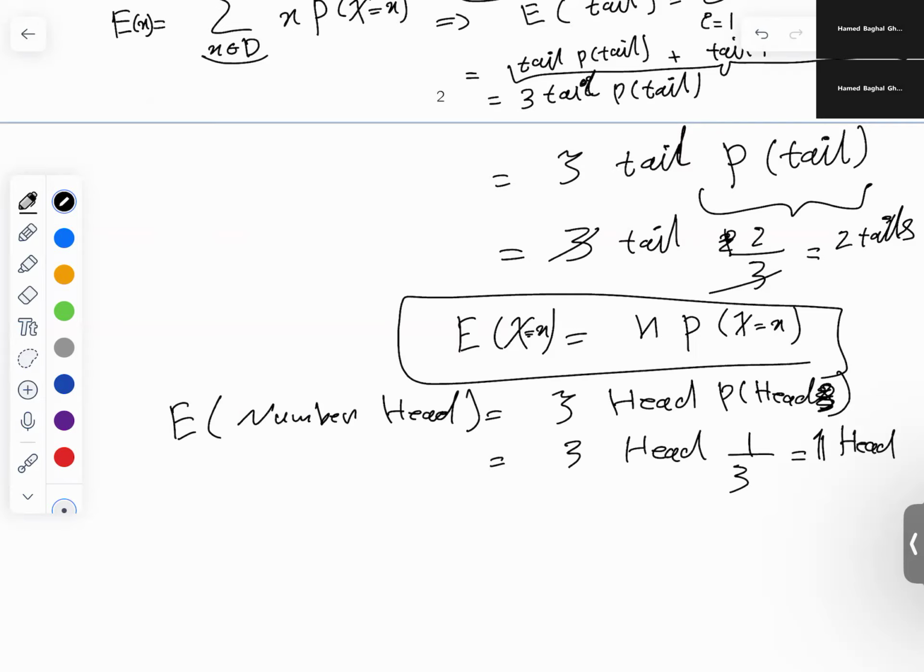So if you toss the coin 3 times, because the probability of head is 1/3, in 3 times, averagely you will get 1. Averagely, not exactly.